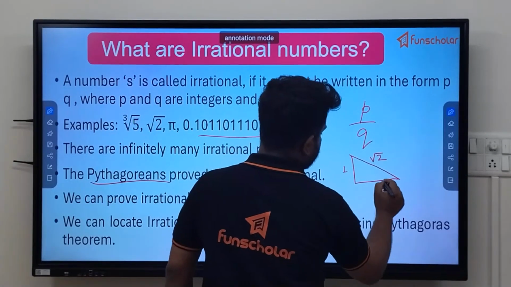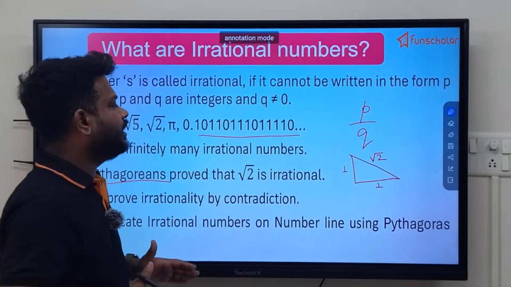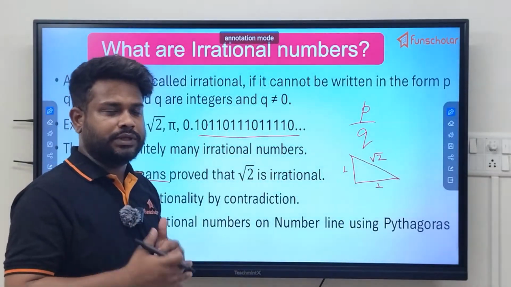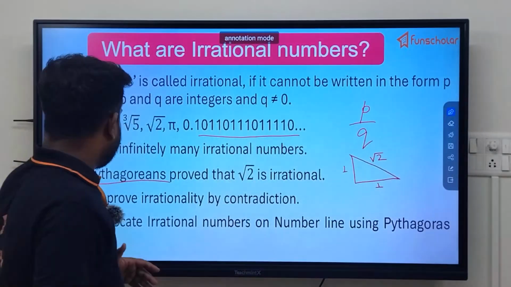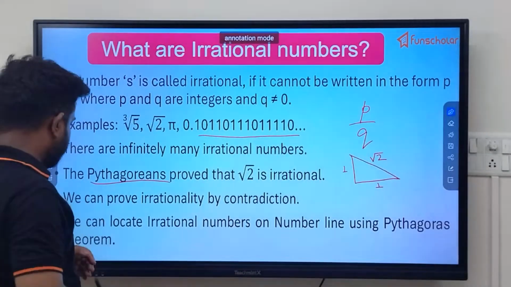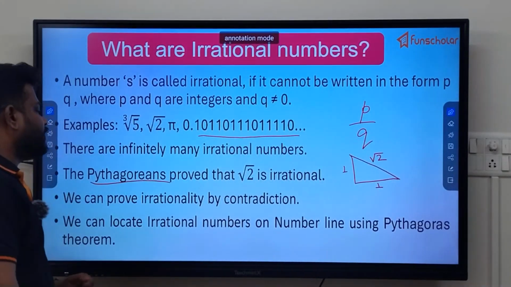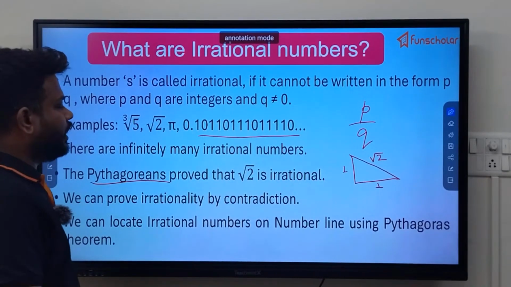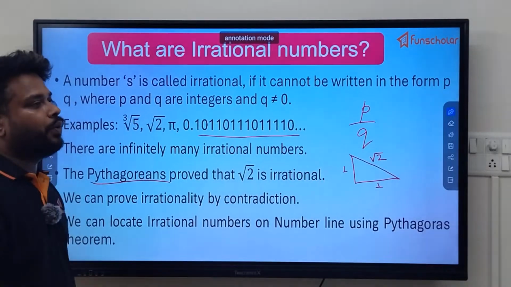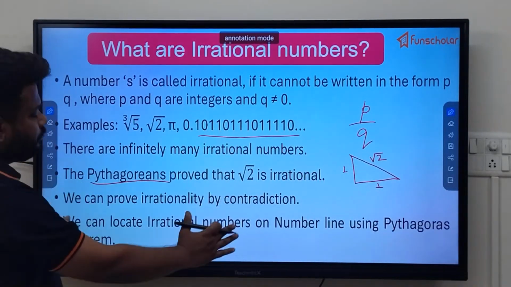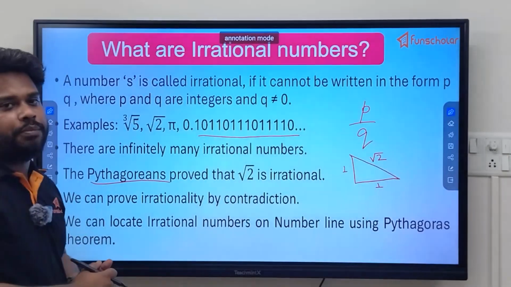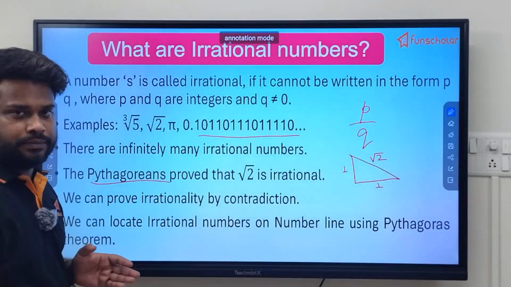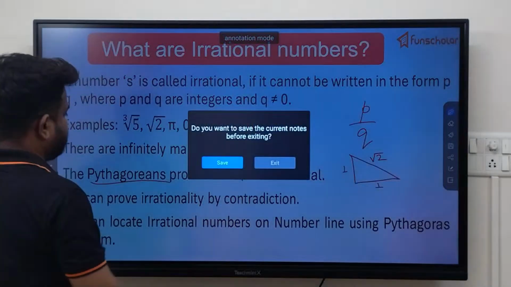This is just a little step showing how we can place root 2, and we will learn about this in our upcoming slides. We can prove irrationality by contradiction, and we can locate irrational numbers on the number line using the Pythagoras theorem. These are the characteristics of irrational numbers, so we will just take a glance at them. Let's go to the next slide.